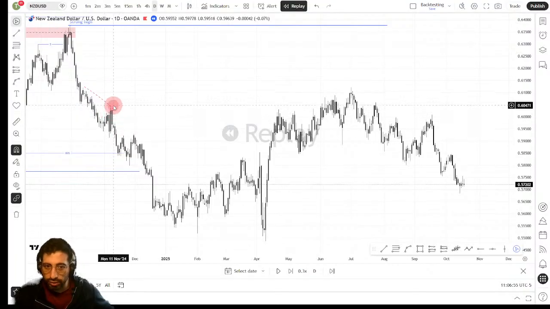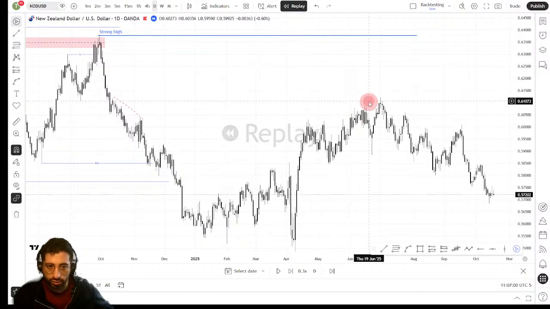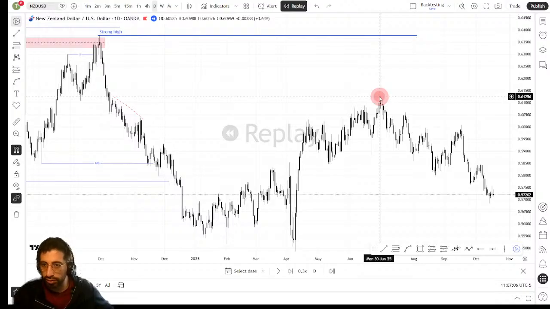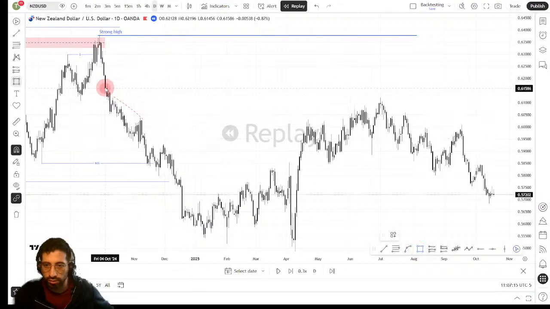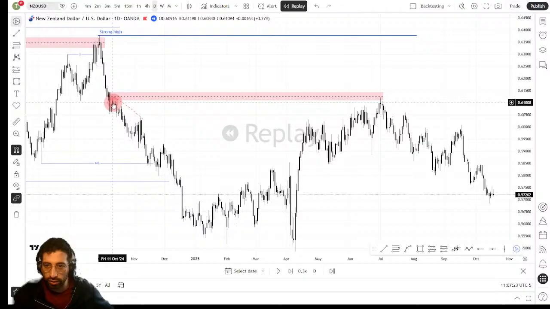Now, what I'm going to do is try to understand why the price reacted here on this high. And definitely it must be because of an order block, or mostly an order block. And as you can see here, we do have it. So the price entered this block, and it entered after taking all the liquidity of these highs.